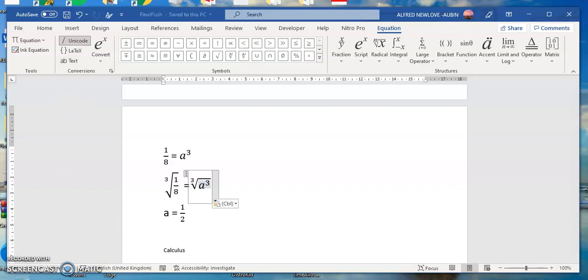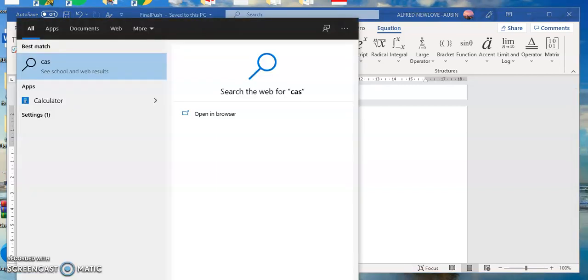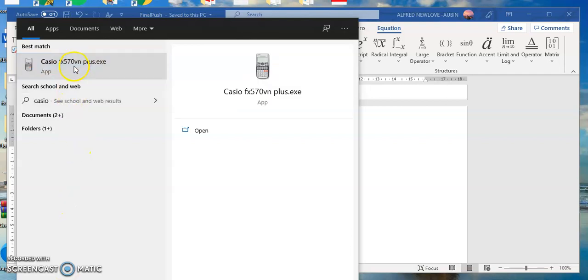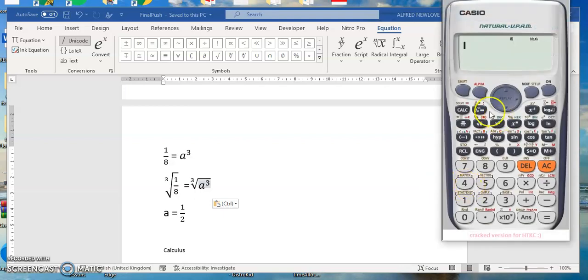Let's check on a calculator. How do we press that? Remember, we need to know how to press it as well. So to press this cube root, how are we going to do that?